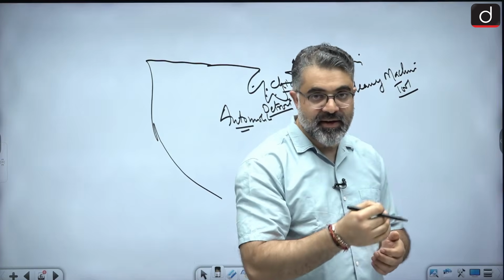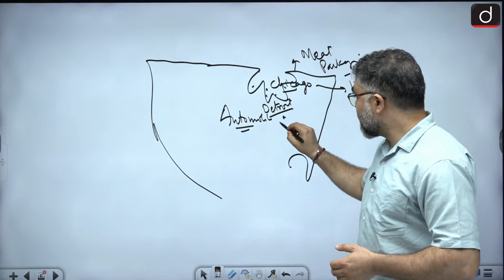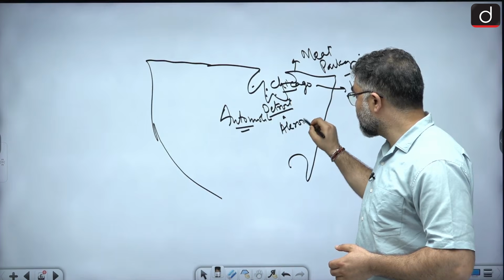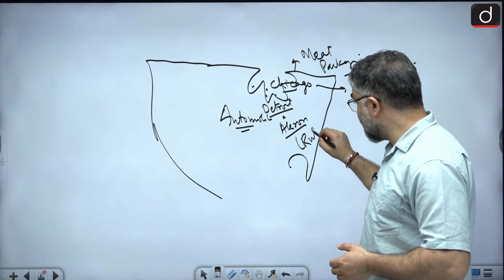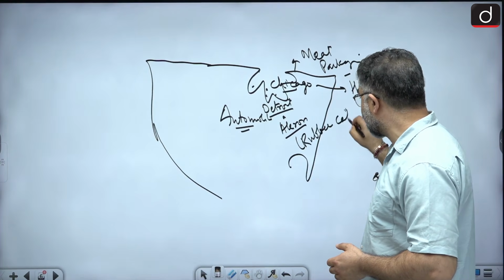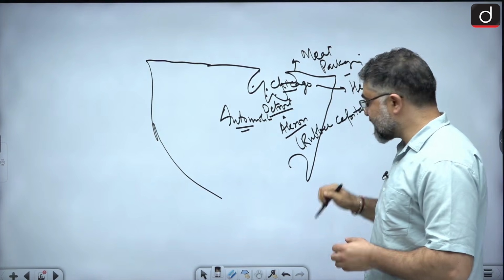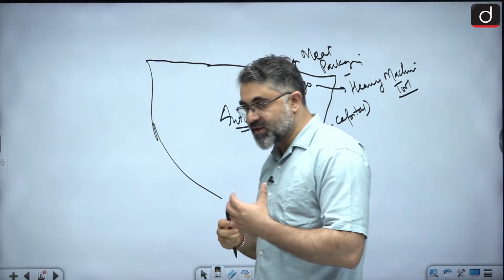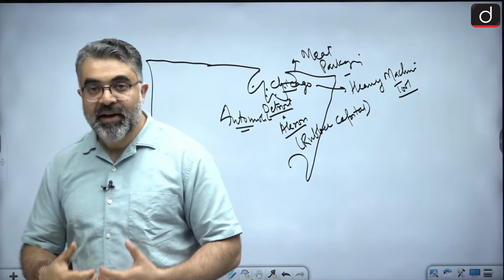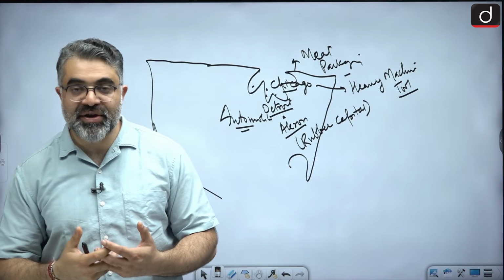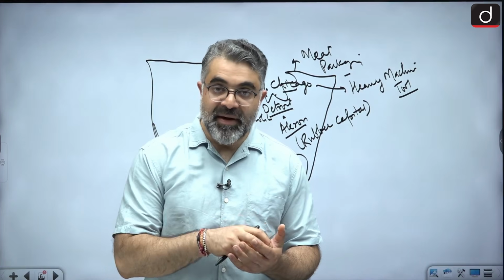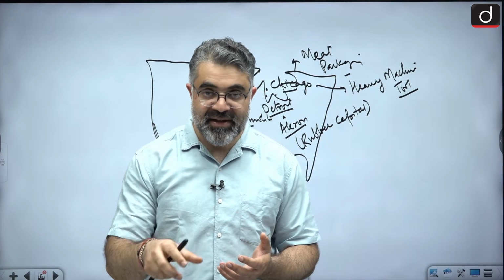To the south of it, there's one more city called Akron. Akron can be called the rubber capital of the world. It is the place where synthetic rubber was first invented and was used on a large scale, on a commercial level. So it can be called the rubber capital, the tire capital.